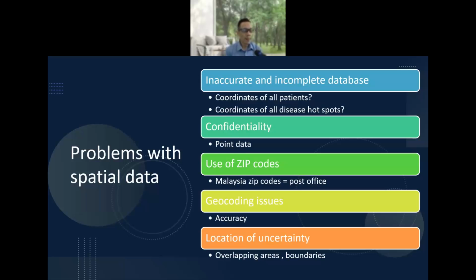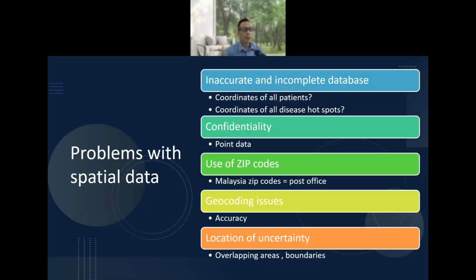And if, for example, there are rare cases, like maybe rabies or cholera, and you have the locations of the house, even though you don't know the name or the IC, because of the locations of the house, people will know, oh, this house belongs to person A, right? So there are issues of confidentiality.